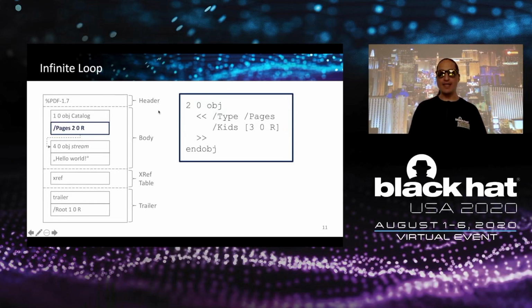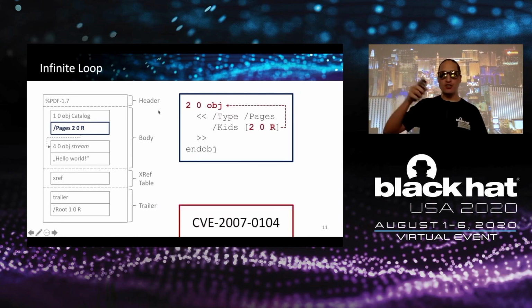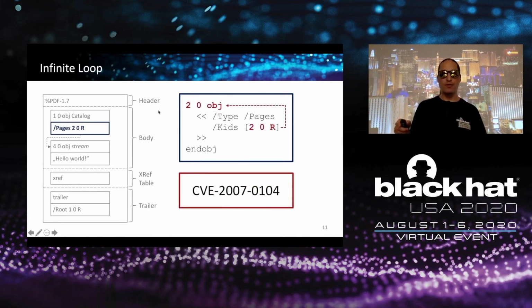Or as the standard phrases it, the kids entry contains an array of indirect references to immediate children of this node. Now, interestingly, the children may be page objects or other page tree nodes. In other words, the kids entry of a pages object can reference the pages object itself, thereby creating a cycle.